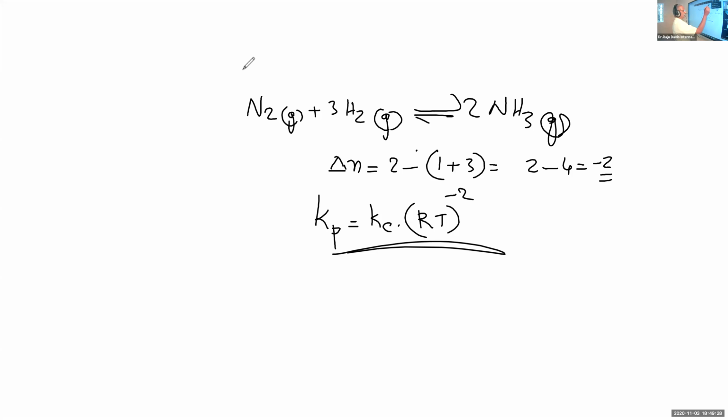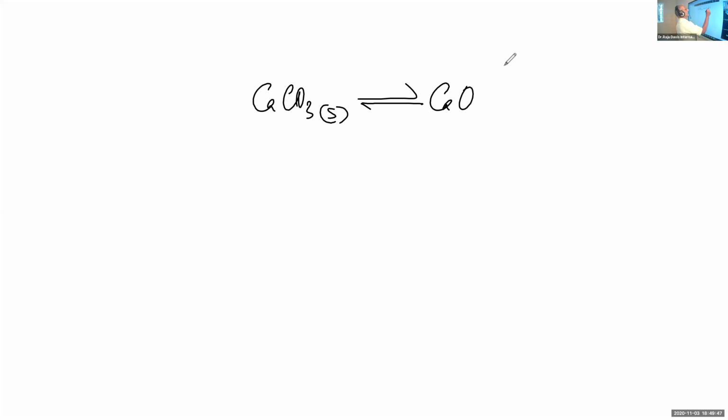Now you find out the relation between Kp and Kc in the following reaction. CaCO3, calcium carbonate solid, decomposes giving CaO, calcium oxide solid, plus carbon dioxide gas.